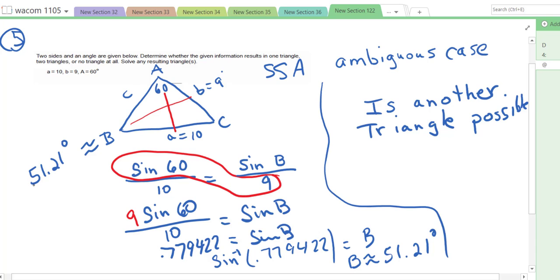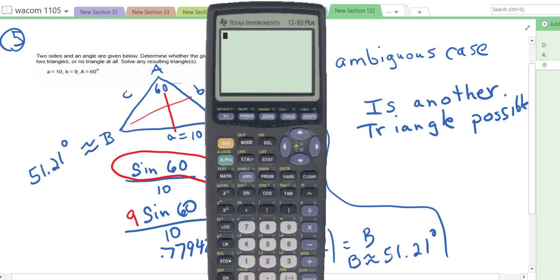All right. With a different angle instead of this 51.21. All right. And so what I have to look at is 180 minus this 51.21.